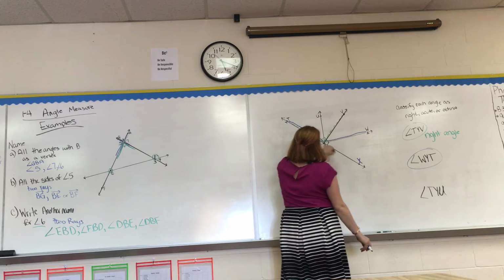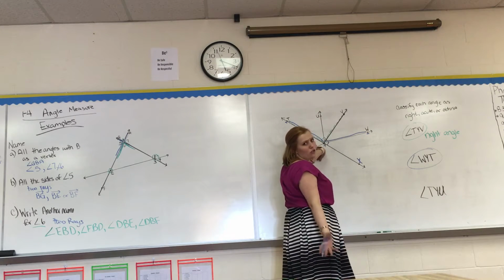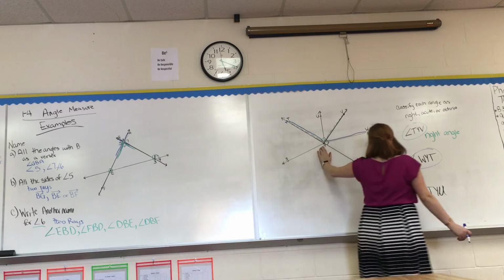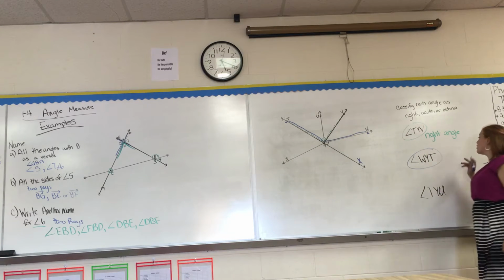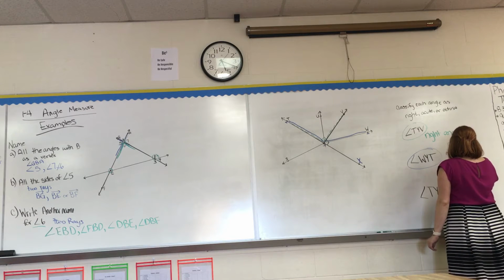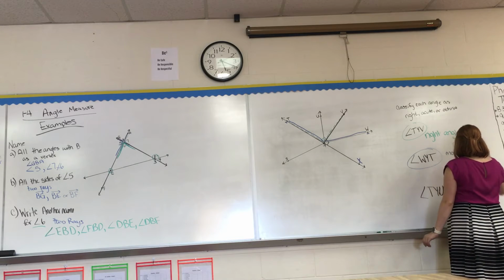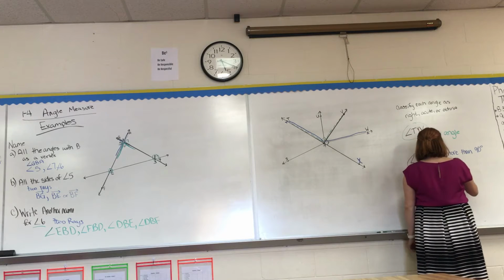Does it look bigger than 90 degrees? We can compare to our 90-degree one. We figured out that that was a right angle. So, is it bigger or smaller? Bigger than 90 degrees. What does more than 90 degrees mean? Is that an acute or obtuse? It is an obtuse.